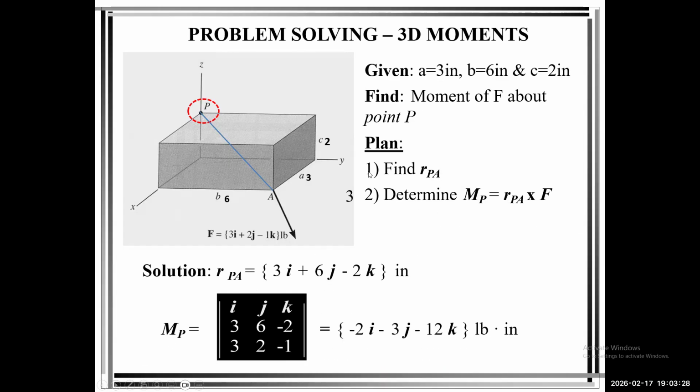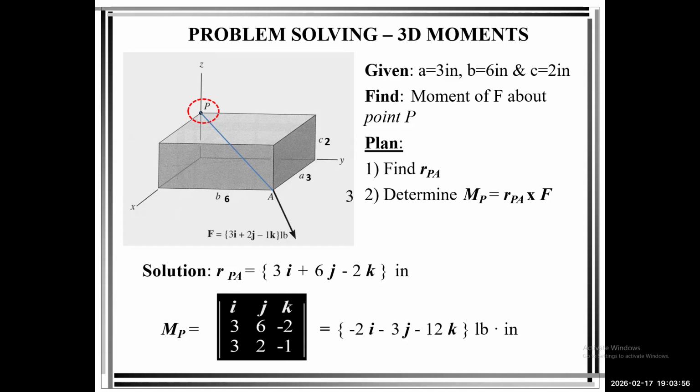All right. So the problem says here, given that A is in this case 3 inches, B is 6, and C is 2 inches. Find the moment of F about P. So you find the moment of the force about a point P. Now the point P is lying on the z-axis.